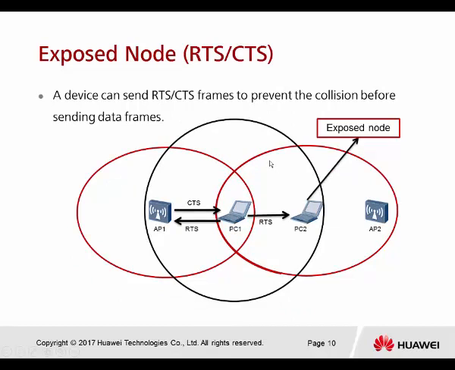Using the RTS and CTS can solve this problem as well. A device can send the RTS CTS frame to prevent the collision before sending the data frame. So like this one, how does PC2 know I connect to another AP? We understand our PC1 will periodically send the RTS. This RTS is not only received by the AP, at the same time PC2 will receive it, because PC2 is inside my coverage, this is my BSA.